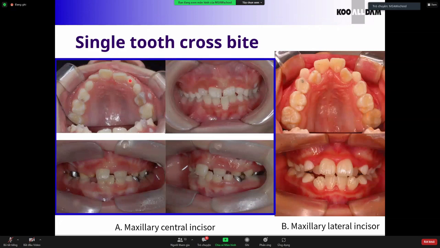And before then, you can see single tooth crossbite, especially in the maxillary central incisor area. And also we can see it in the maxillary lateral incisor areas.